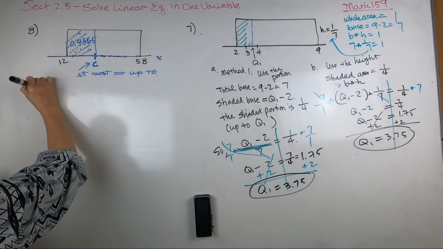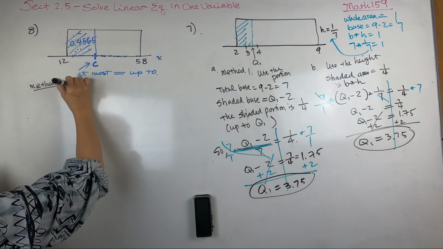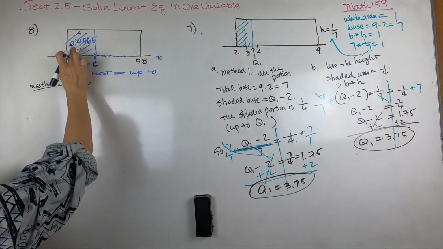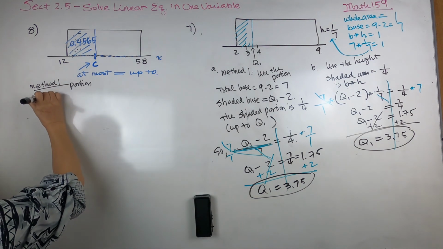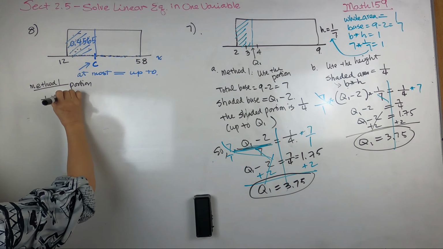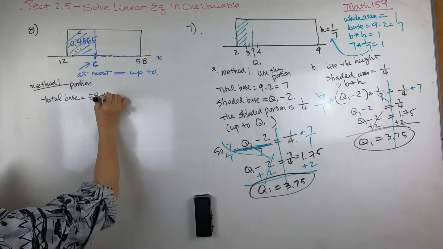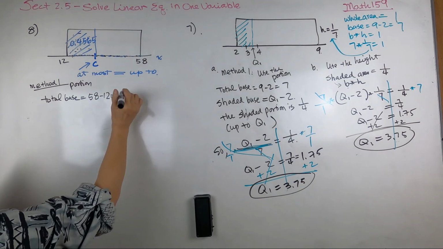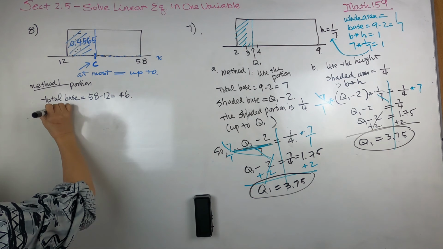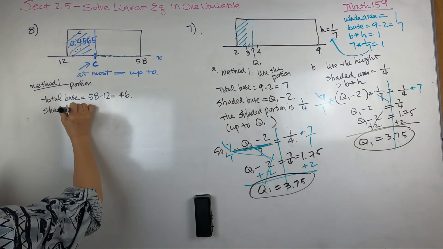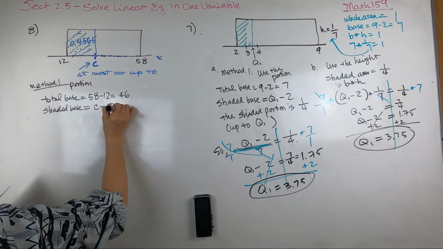So we have two methods. Method 1 is by the portion. I want it to be up to here, so the total base is 58 minus 12, which is 46, right? Then the shaded base is c minus 12.